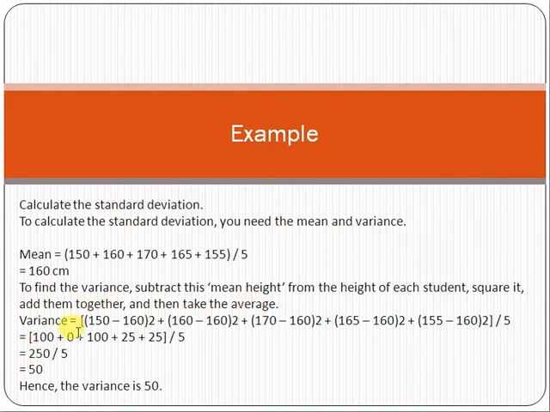So we apply this formula, put in all the required values, and we get the variance as 50 centimeter. Now see, the mean value, average value is 160 centimeter, and the variance is 50 centimeter. So we know the mean value as well, and now we know the variance as well.